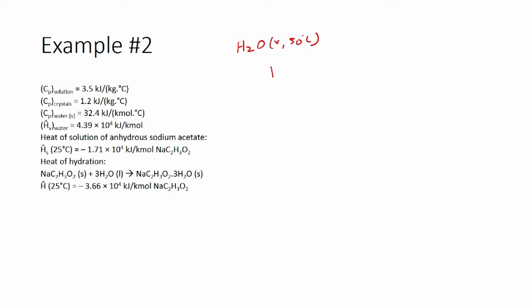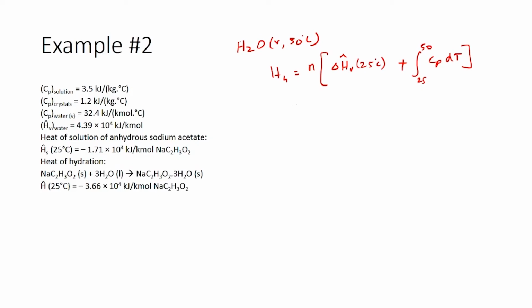The last component which we need to account for is water vapor at 50 degrees Celsius. The H4 for that, the change in enthalpy, would be N, the number of moles of water, times delta H cap V, which is the heat of vaporization at 25 degrees Celsius for water, plus integral Cp dt from 25 to 50, Cp of water vapor dt. Using this equation, we can get the heat of vaporization at 25 degrees from the steam tables and the Cp value for water vapor from any handbook or textbook.